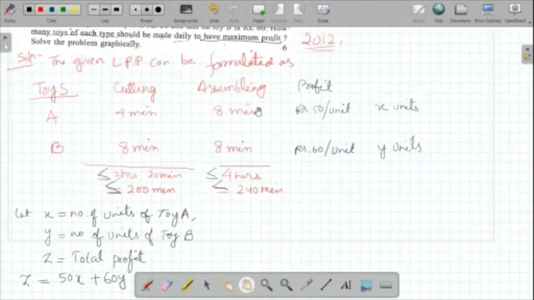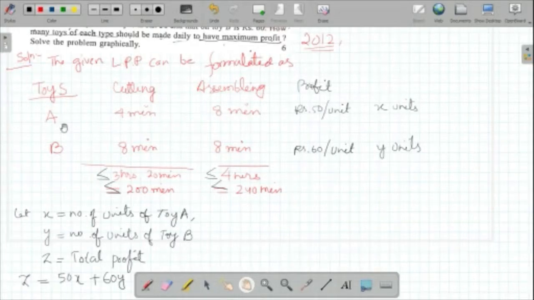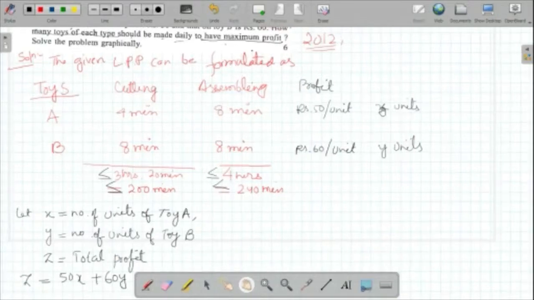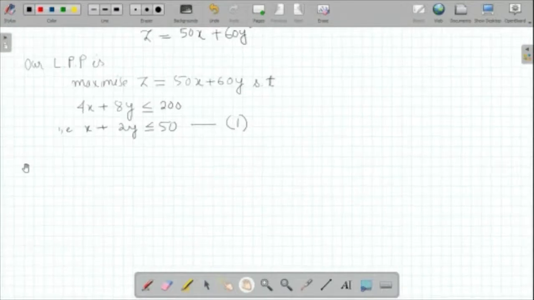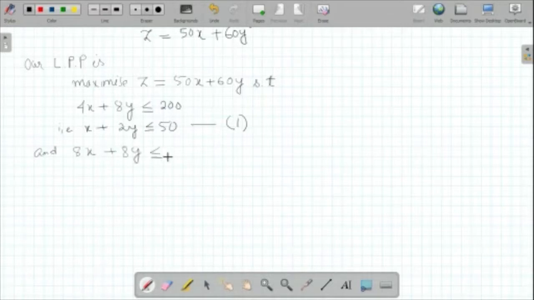Similarly, for assembling, we require 8 minutes for toy A, that means for x units it will be 8 times x, and for B it is 8 times y. So 8x plus 8y less than or equal to 240.